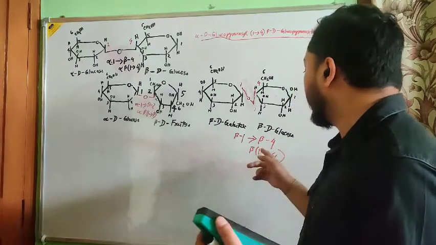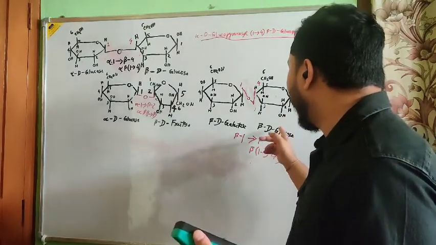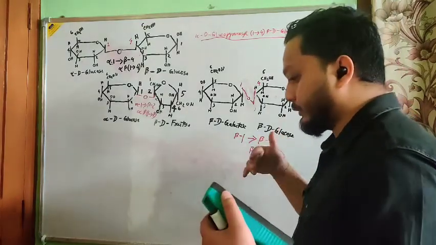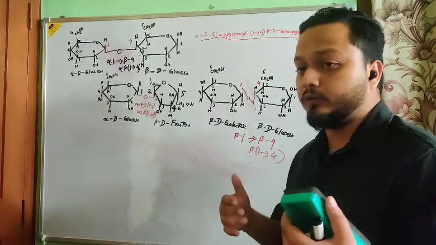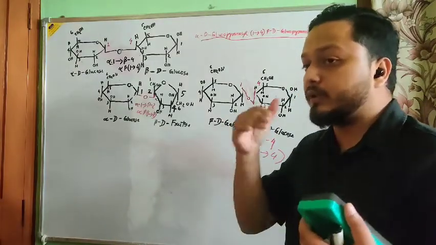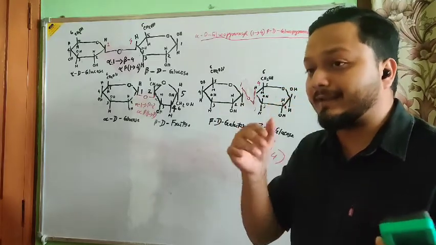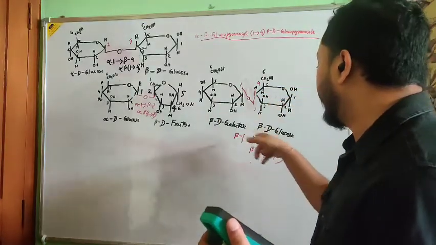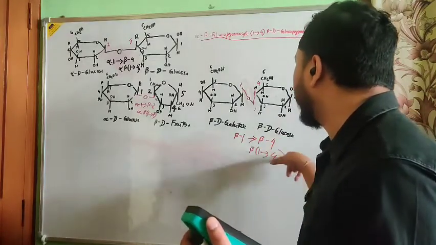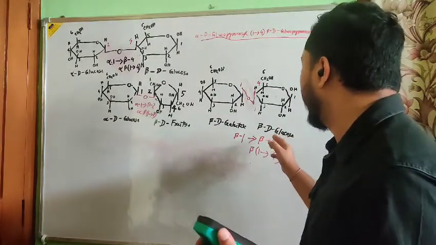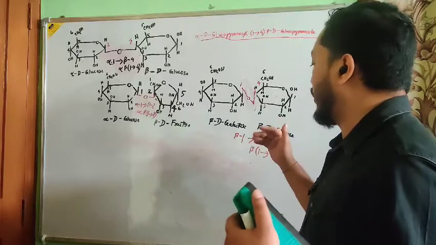It is due to the lack of production of sufficient amount of an enzyme lactase that breaks down this beta 1 to 4 glycosidic linkage to produce glucose and galactose.